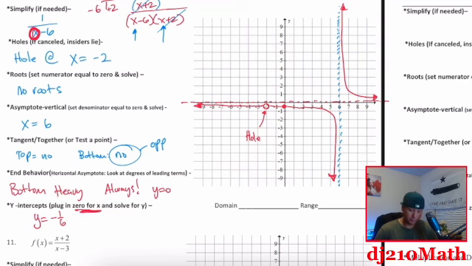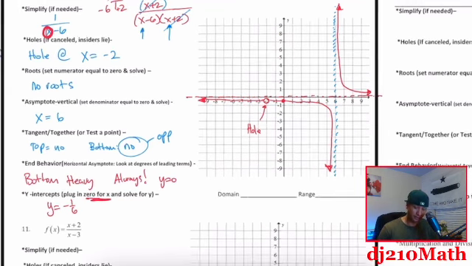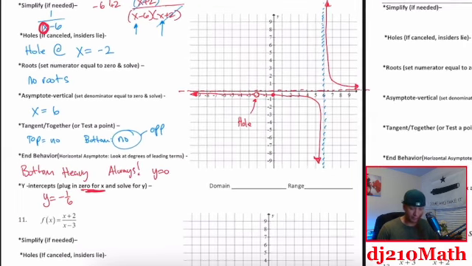So when it comes to domain, the domain is everywhere the graph exists. So the graph exists everywhere in terms of x, except for two spots, the hole and the asymptote. So -2 and 6. So we said all real numbers, but x cannot equal -2, cannot equal 6.